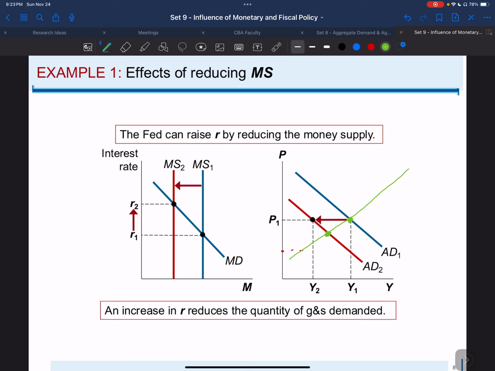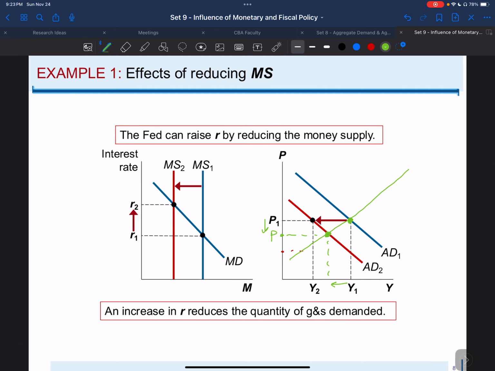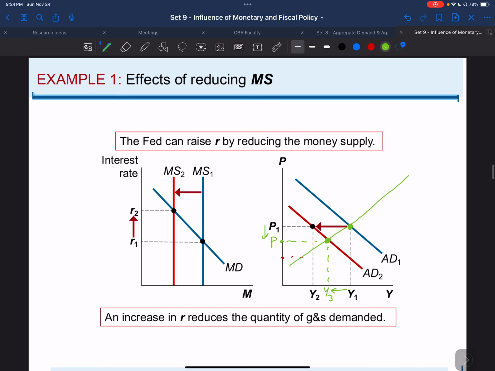So this is going to decrease the output, okay? It is going to decrease the output, and it is going to decrease the level of the prices to this level, okay?